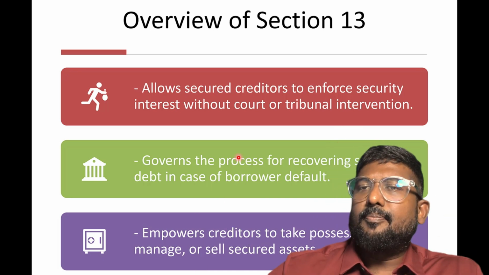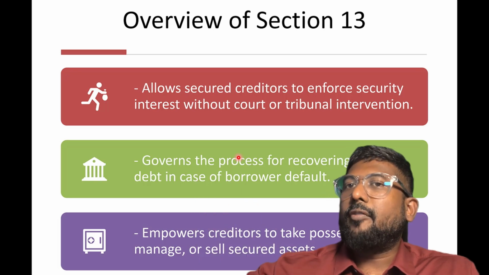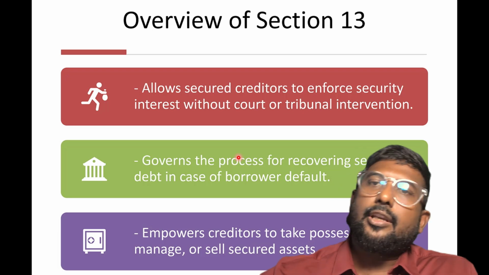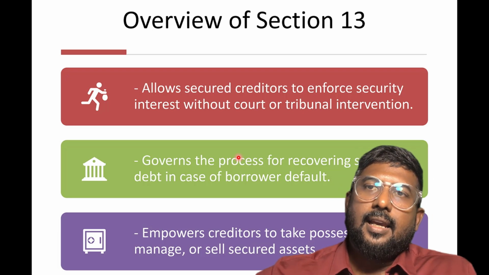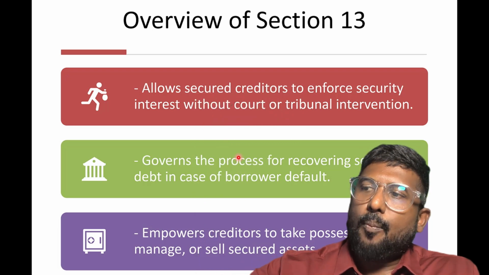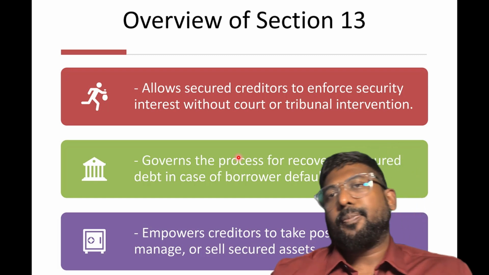So now when the loans are not repaid, when it becomes an NPA, that is a non-performing asset, then the banks can sell this security in the market either through public auction or private treaty, and appropriate the proceeds against the loan in the form of recovery.